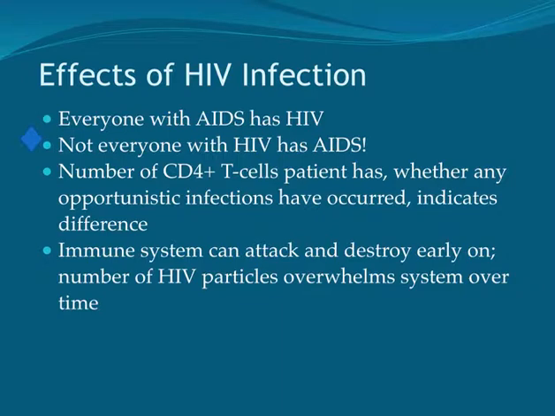So the number of CD4 T cells a patient has, and whether they have had any opportunistic infections, indicates the difference. The immune system can attack and destroy the virus early on, but eventually the number of HIV particles overwhelms the system with time.